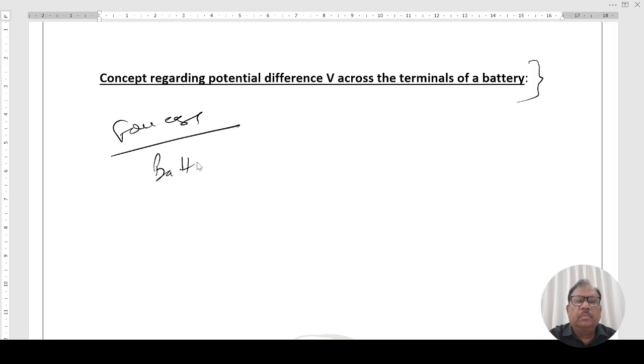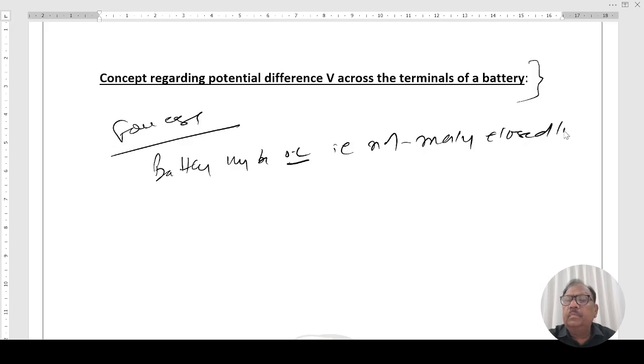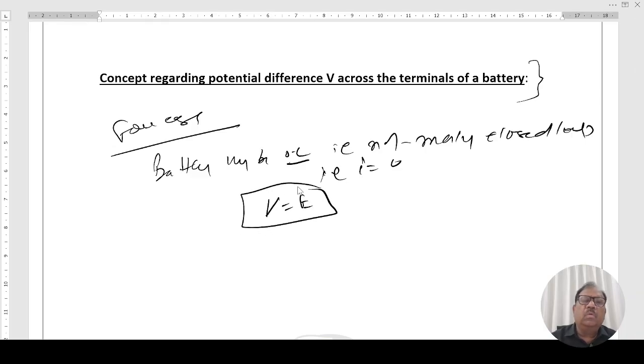Battery may be open circuit. OC is open circuit, that is not making a closed loop. Not making a closed loop, that is I equal to 0. In that case, V equal to E.